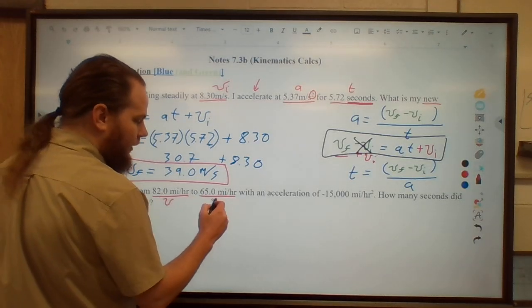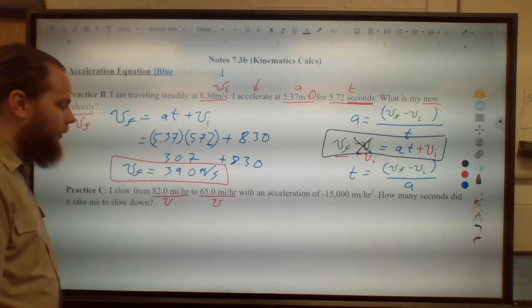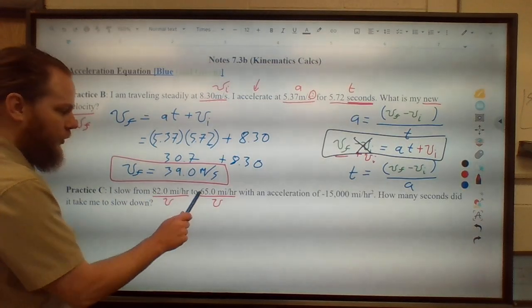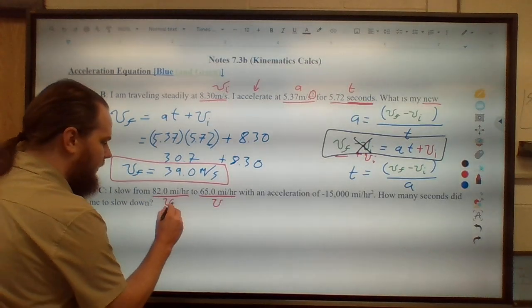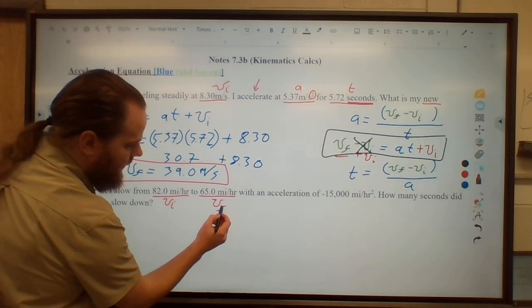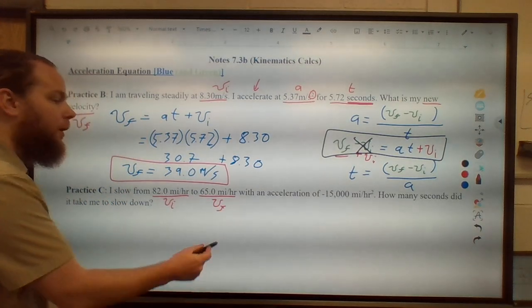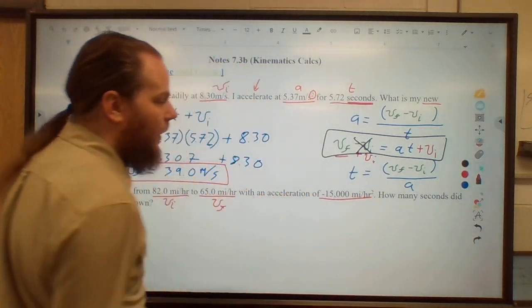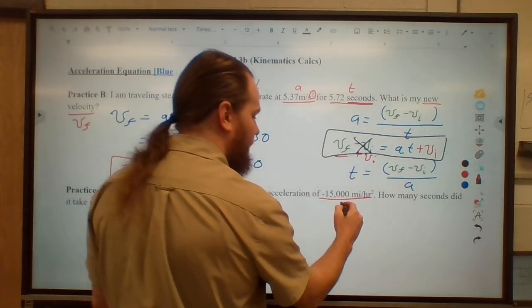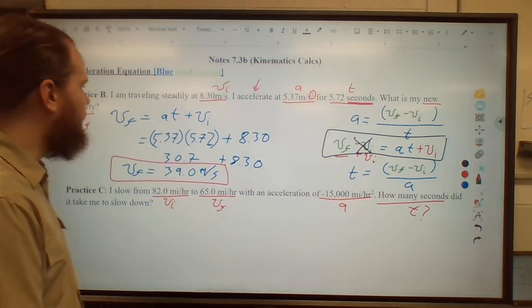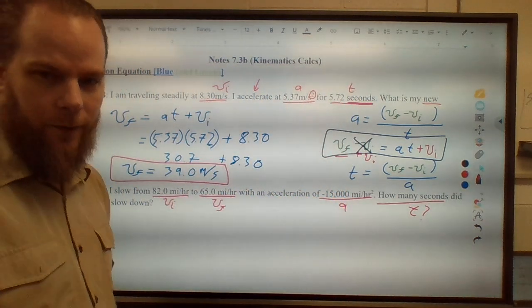Miles per hour again, this is the other velocity. So I slow from this to that. So this has to be Vi, this has to be Vf. With an acceleration of negative 15,000 miles per hour squared, well, that has to be our A. And then how many seconds is T, which is what we are trying to find.